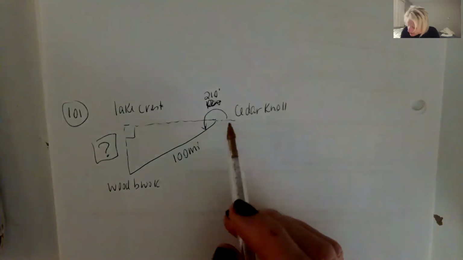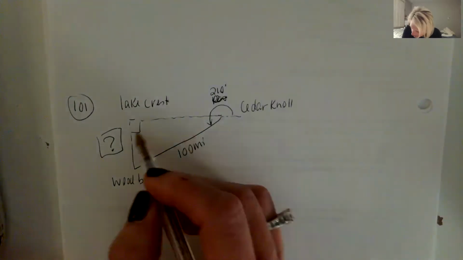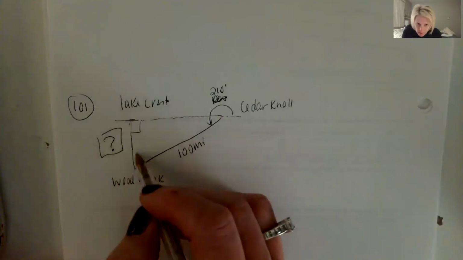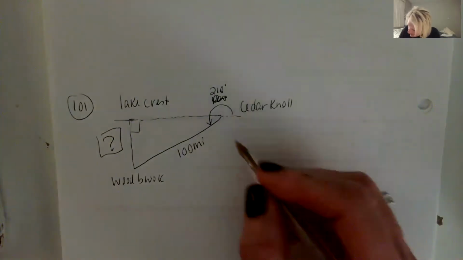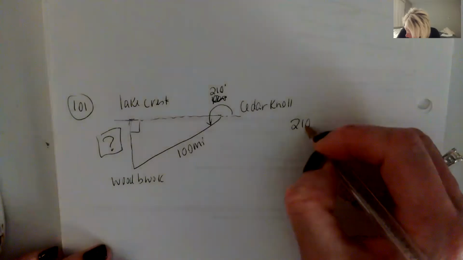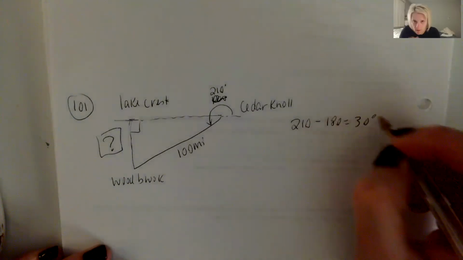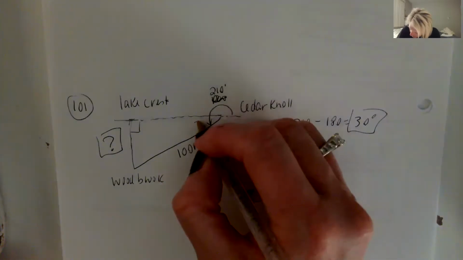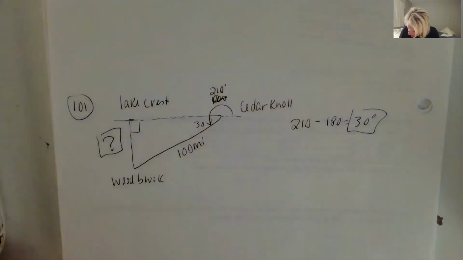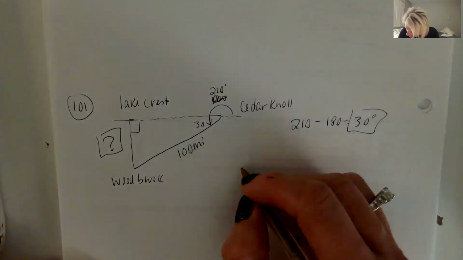Okay, so again, we're going to use a reference angle because we want to know from here, this distance. So our reference angle is going to be 210 minus 180, which is another reference angle of 30 degrees. This right here is 30. And this time we know the hypotenuse and we want the opposite.